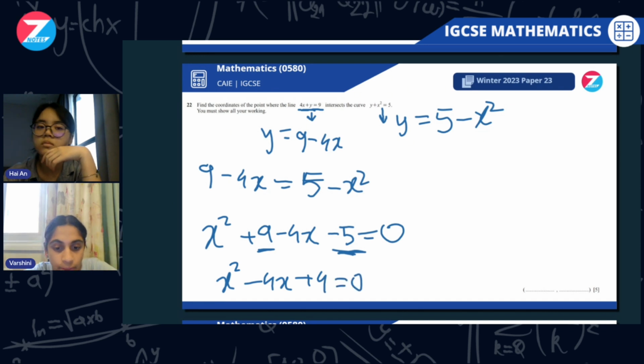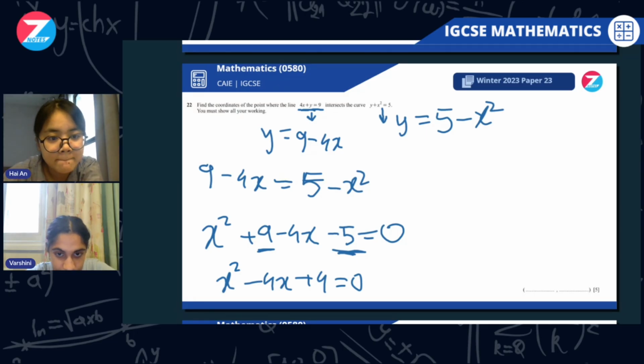From here, you can't just put the quadratic equation in your calculator, you need to show the working. Either you can factorize it or you can use the quadratic formula. I was going to factorize because it's easier, but let's use the quadratic formula actually.